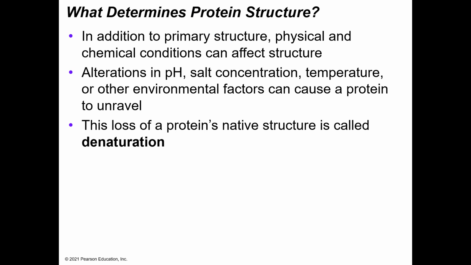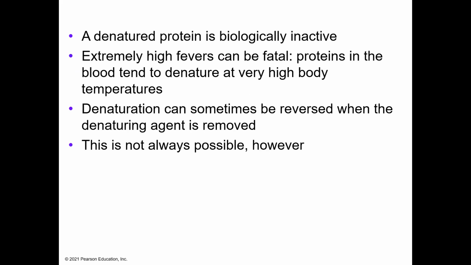This is why it's harmful to some organisms. Like for humans, we cannot be in the freezing cold for too long, or we cannot be in the blazing heat for too long because we start to undergo denaturation. A denatured protein is biologically inactive. So, for example, extremely high fevers can be fatal because proteins in the blood will denature, meaning they're no longer active or working.